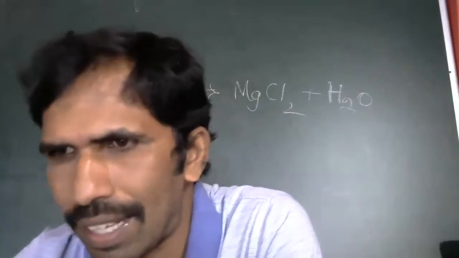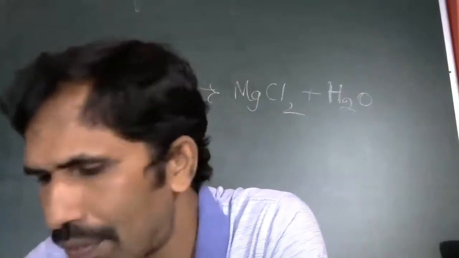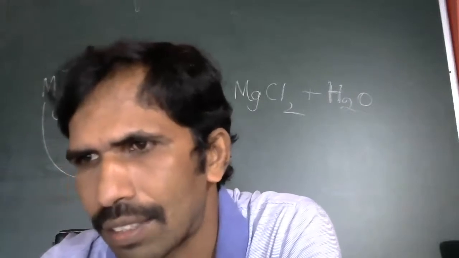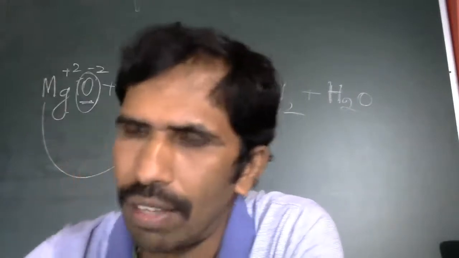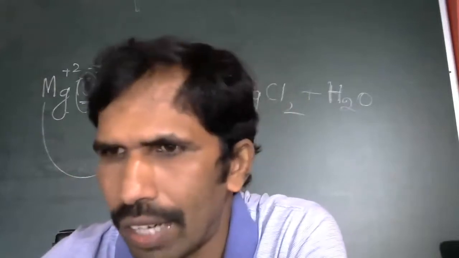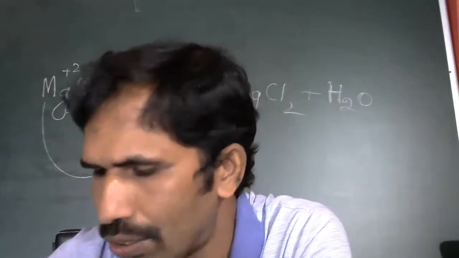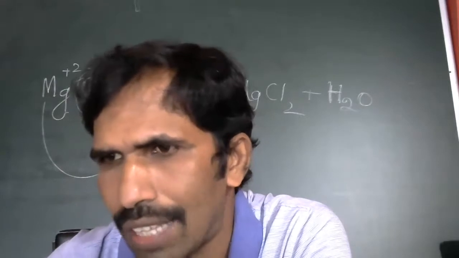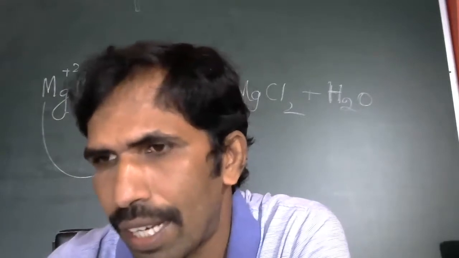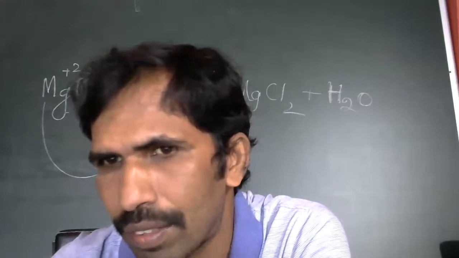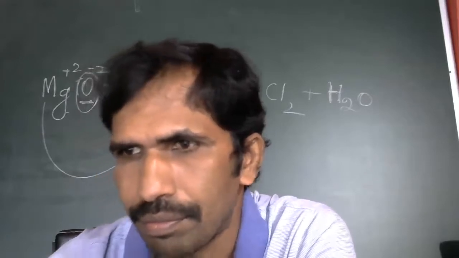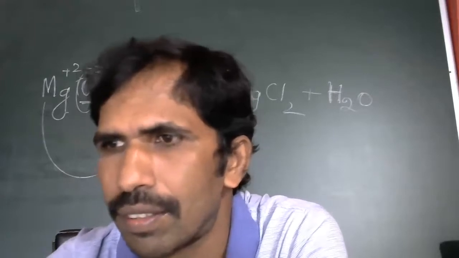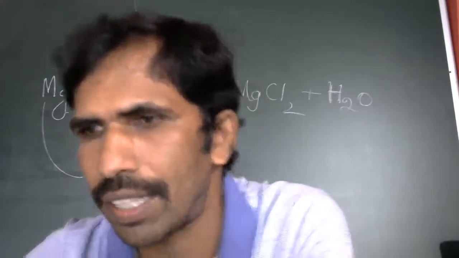I hope it is clear now. Those bubbles will have hydrogen gas when they come outside the trough or outside that vessel. Hydrogen gas will burn with a candle flame. Bhuvana, is it clear now? Okay, thank you.